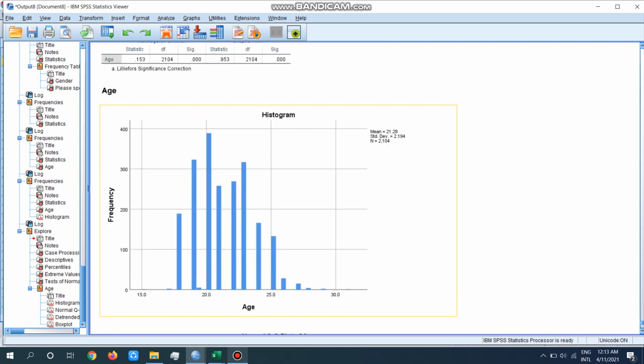We have this histogram. Now from looking at this chart, can you tell whether it is normally distributed or not? Yes, actually, you can see just by looking at it that it is near normally distributed. But is it really normally distributed or not?